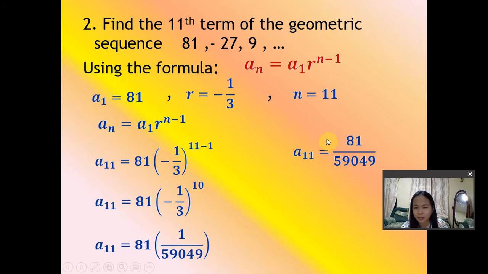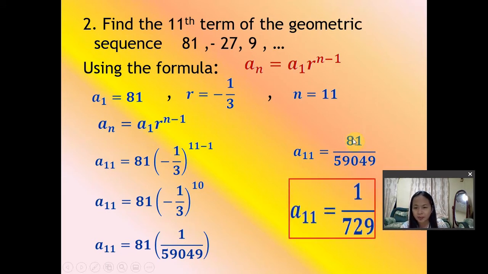Simplifying, we express this in lowest terms. The common factor is 81. Dividing 81 by 81 is 1, and dividing 59,049 by 81 is 729. Therefore, our 11th term is 1 over 729.